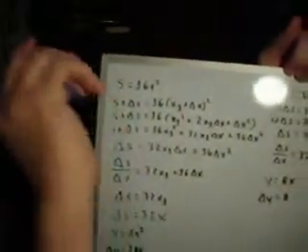Do you remember the equation S equals 16t squared? What we're going to do is replace the t here with some numeric value. In this case, S represents the distance that a particular object has traveled. We're talking about taking a golf ball and dropping it from a multi-story building.